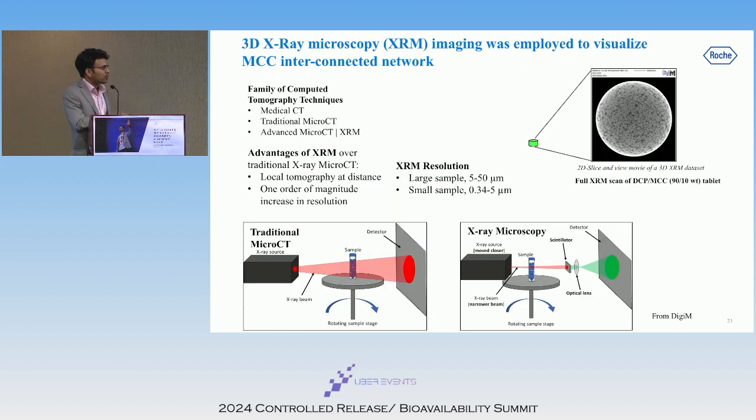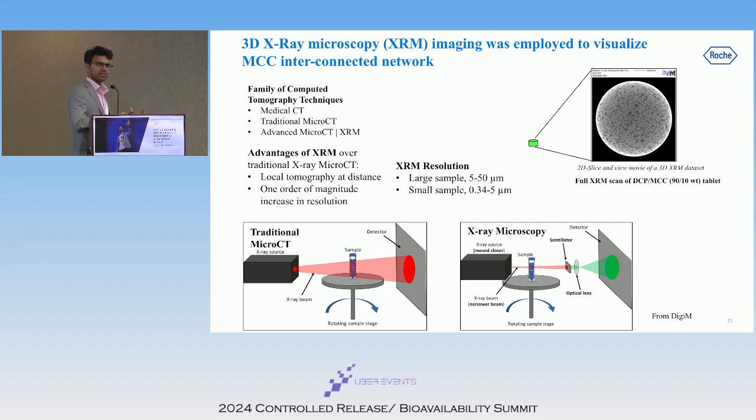So we wanted to understand the interconnectivity of the MCC in the DCP containing tablet. And for that, we leveraged another imaging technique. Here it is, three-dimensional X-ray microscopy. The mechanism is similar to a conventional medical CT or micro CT.